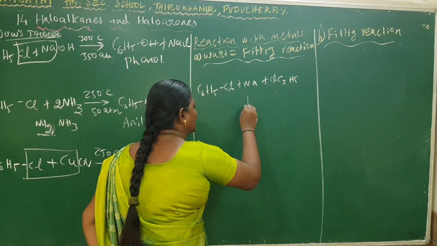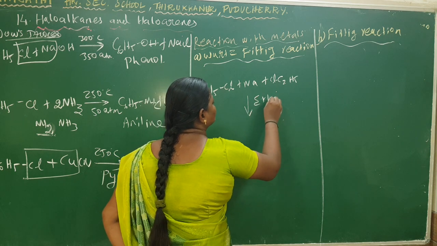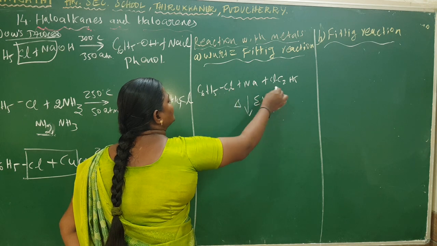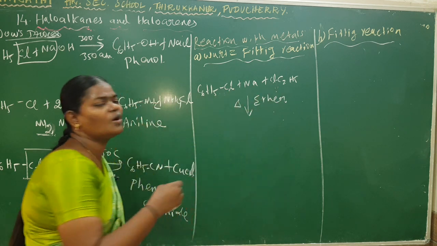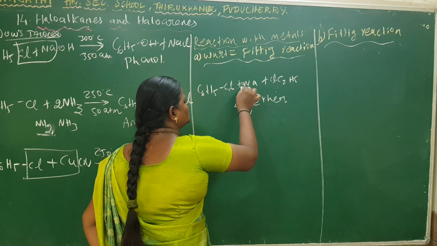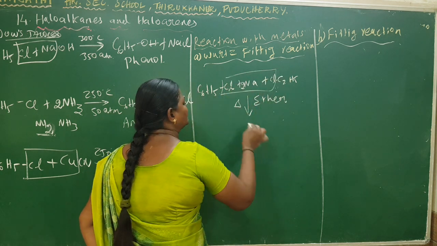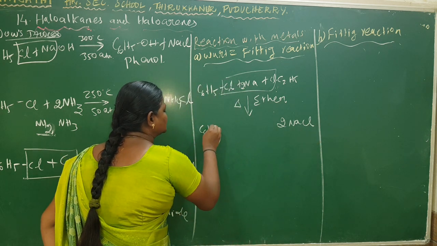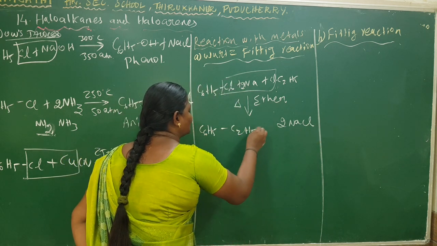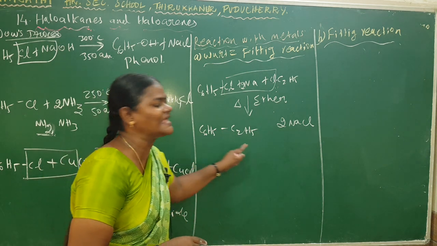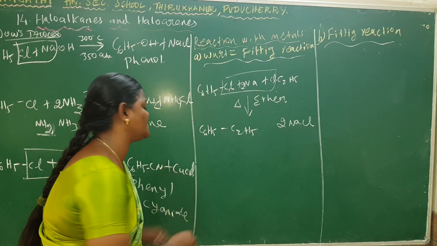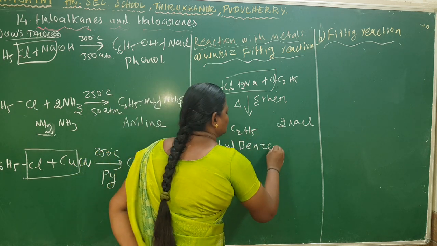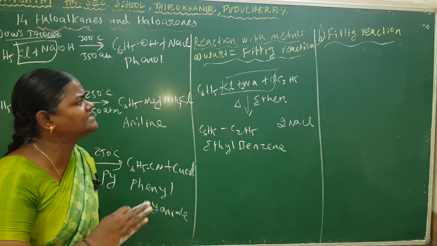The reaction is in the presence of ether upon warming. There are 2 chlorine atoms, one on each reactant, so we take sodium twice the times. Sodium reacts with the 2 chlorine atoms, so 2 NaCl are removed and C6H5C2H5 is formed, a phenyl group and an ethyl group. The name of the compound is ethylbenzene. But this is a Wurtz-Fittig reaction.